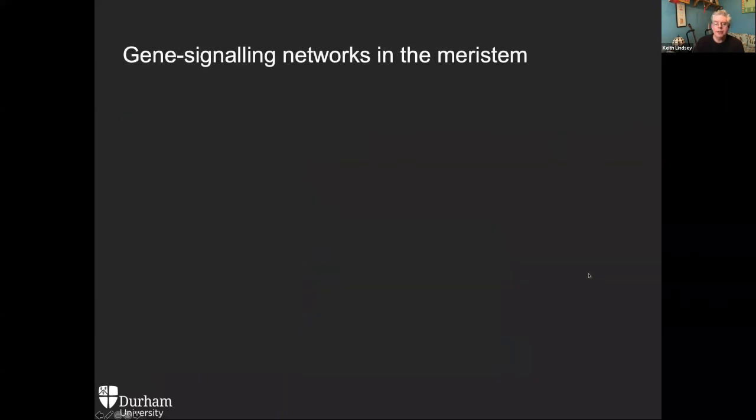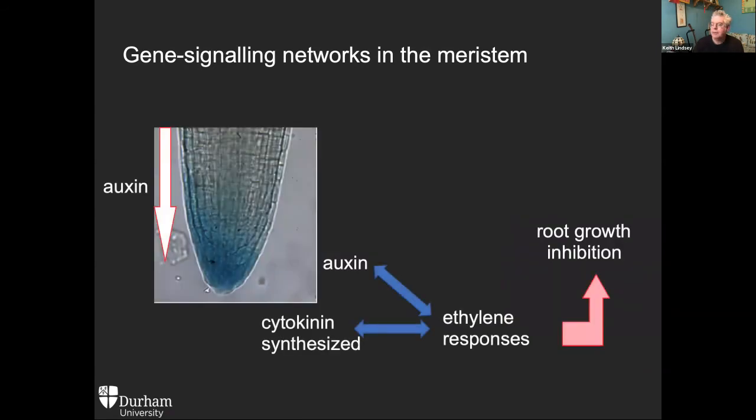So we're interested in how genes and signaling networks work together. And I'm just going to very briefly mention one of our favorite genes that we've been working on, and the hormone networks that we've been working on. So I mentioned auxin as a key hormone. It accumulates around this part of the root meristem.